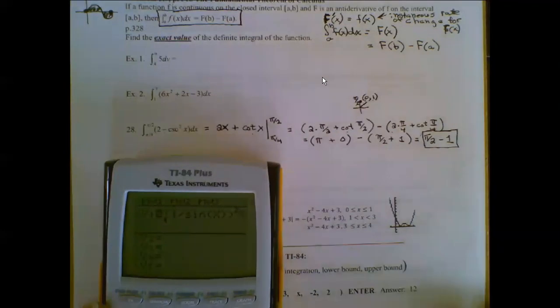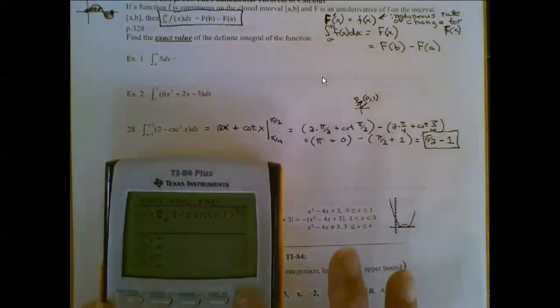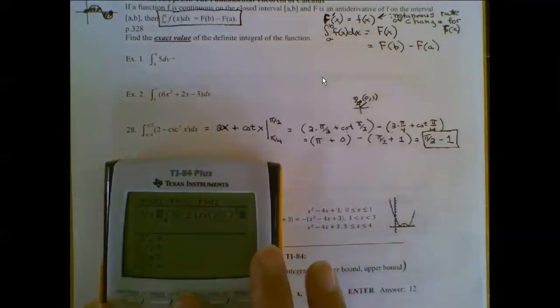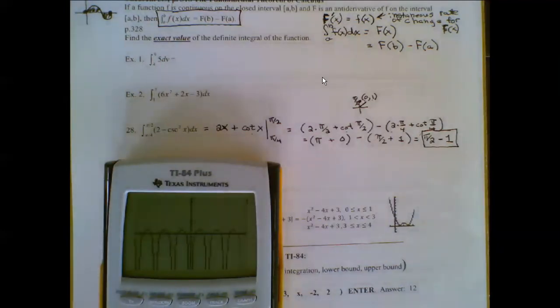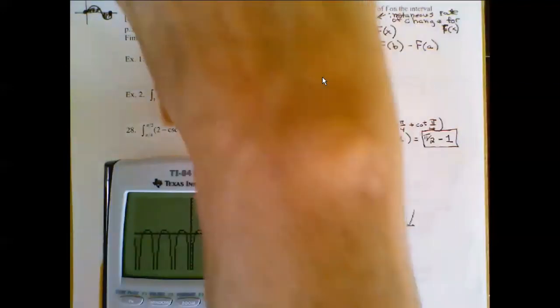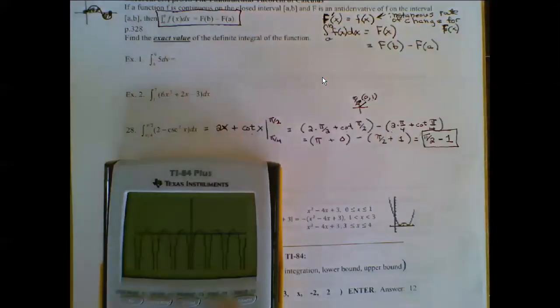If I just graph that function, and I have no idea what my window is set to, so I'm going to go back and set it to standard zoom and 6. That's what cosecant squared is going to look like. That series of parabolas, normally you would have one up, one down, but if you squared them all, then they'd all be concave down like that.